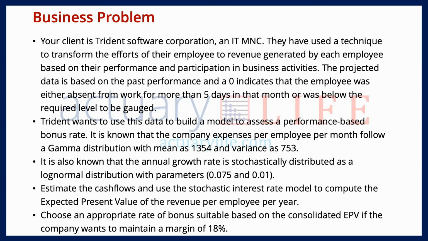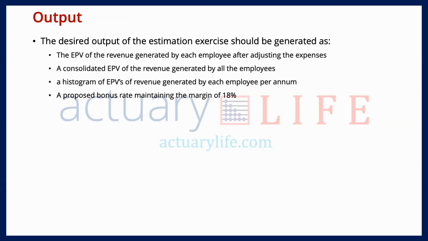So this was the part of business problem that we have understood. Then what we need to do here is to estimate those cash flows, as I have said. So EPV of revenue generated by each employee after adjusting the expenses. You can consider this to be a net cash flow which is discounted back using an appropriate interest rate.